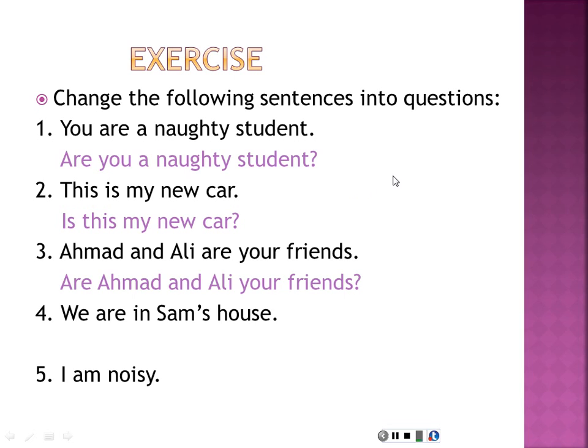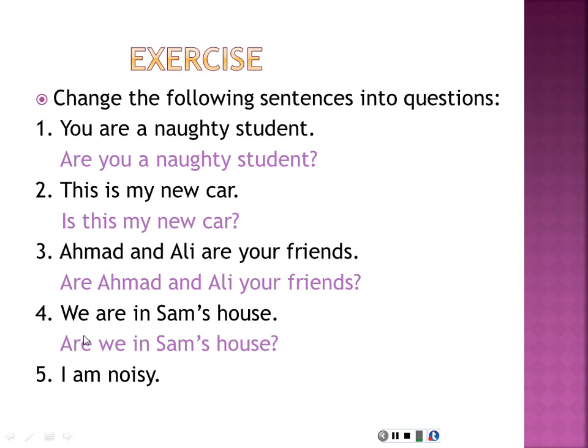Then number three, here we have two subjects in this sentence, Ahmed and Ali. So we bring are to the beginning. Are Ahmed and Ali your friends? هل أحمد وعلي أصدقائك؟ Number four, are we in Sam's house?